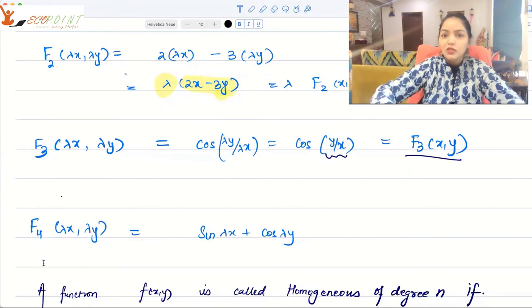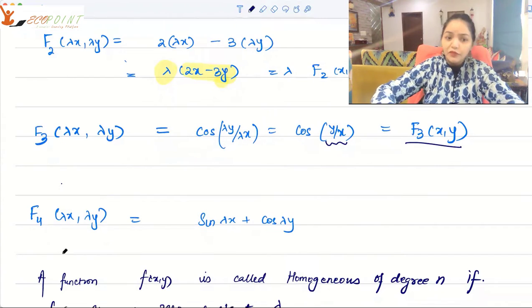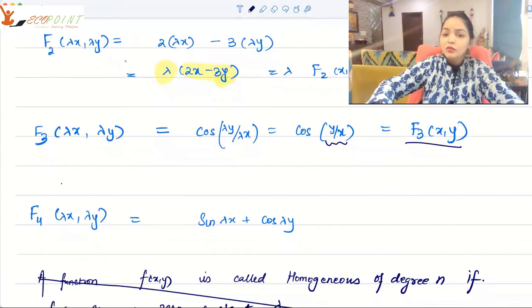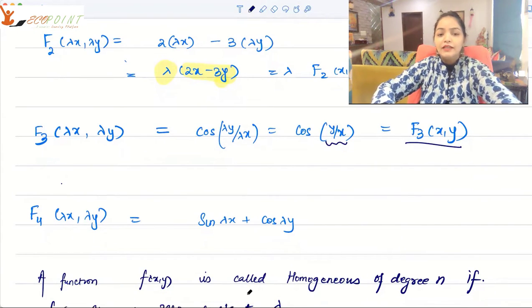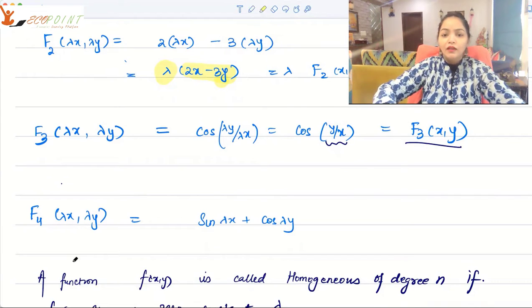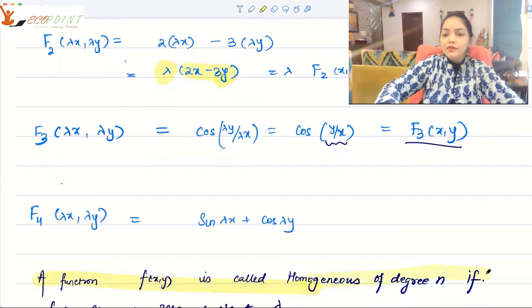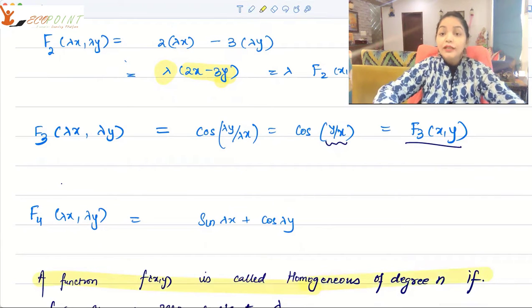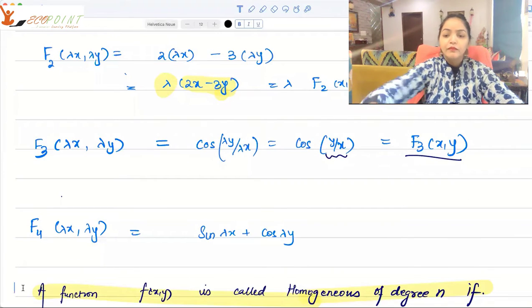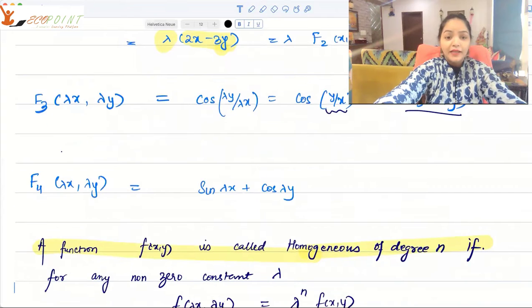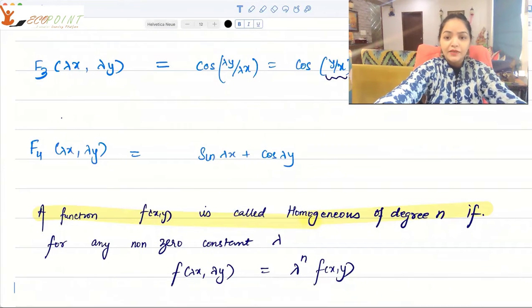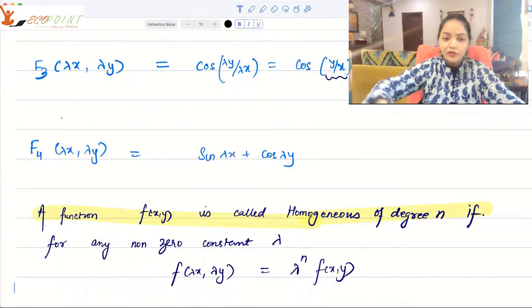So a function is homogeneous, important for you to know, in case, if you put lambda x, lambda y as your input, the function turns out to be lambda to the power something times the original function itself.